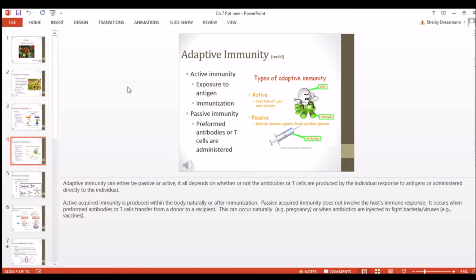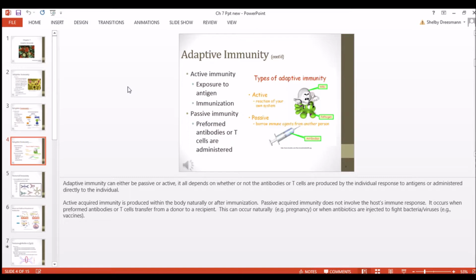This can come from actually having the sickness and building up immunity to it, or being administered a vaccine, where we're not actually getting sick, but we have slightly weakened viruses and bacteria injected into ourselves, so we can easily fight that, and our T and B cells will remember that and build up antibodies for it. So active is something we build up ourselves. Passive is when it's given to us.